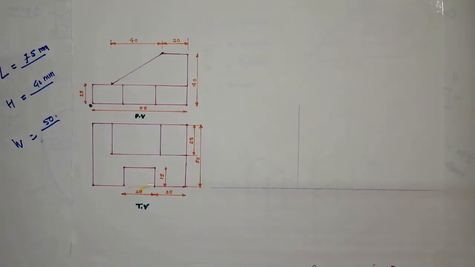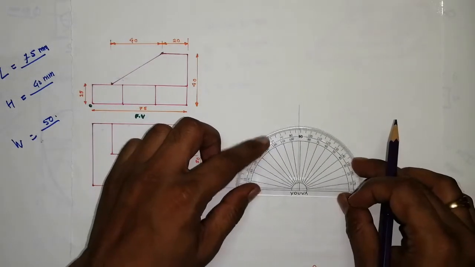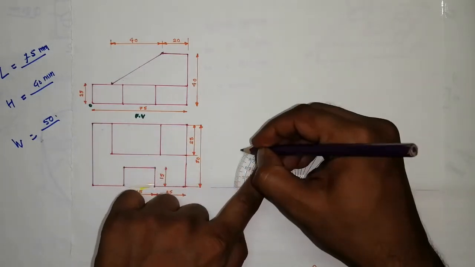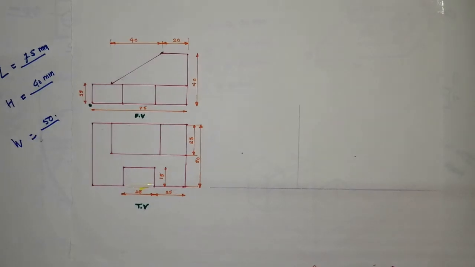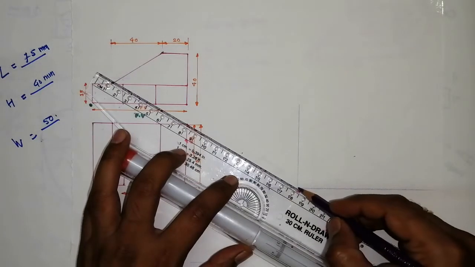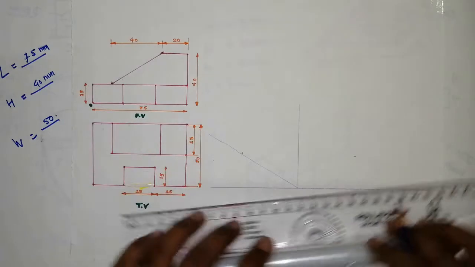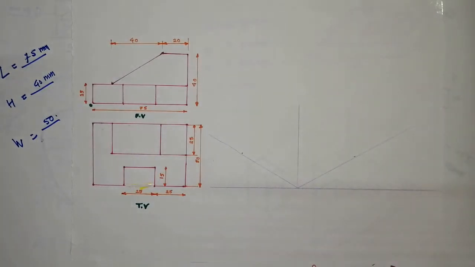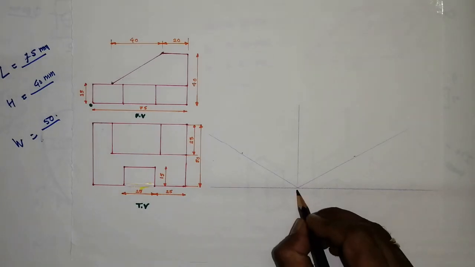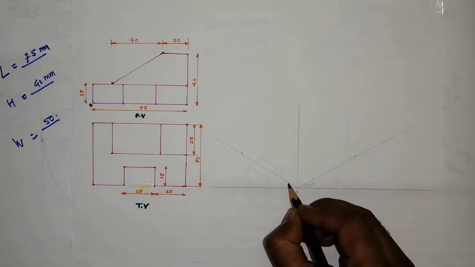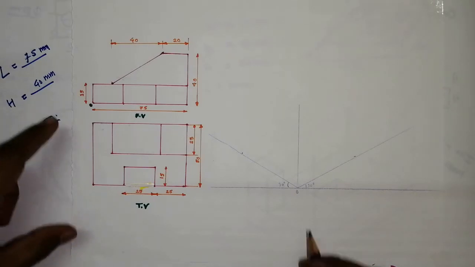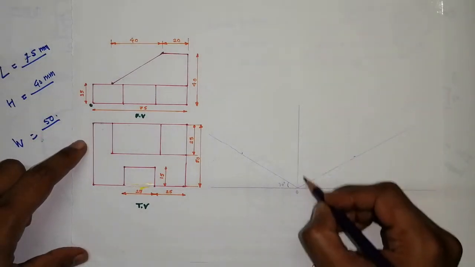Then the included angle is 30 degrees, so this is 30 degrees here, and this angle is also 30 degrees. Now this is our origin. The height will come along the vertical axis.